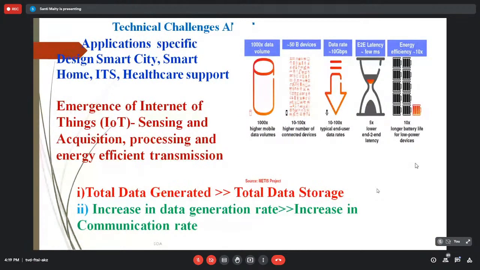Other issues are the increase in data generation rate, which is much greater than the communication rate. Even if we are exploring a larger, wider frequency spectrum, the higher part of the electromagnetic spectrum by means of millimeter wave communications, there is still a scarcity of spectrum, because, as I said, a huge number of wireless nodes are to be connected, and for their seamless connection bandwidth is also an issue.